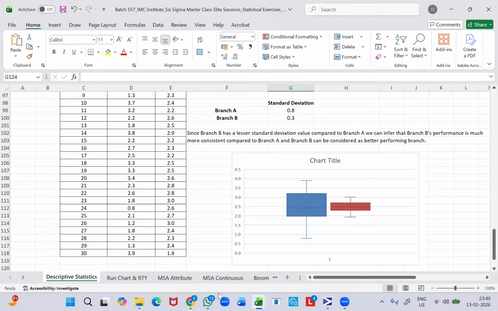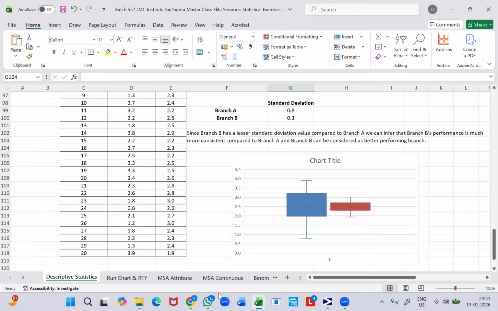And the third one is accuracy, which is the consistency of the auditor provided results when compared with the true value or the reference value or the subject matter expert result. Any mismatch between the auditor provided results and the true value would constitute accuracy variation.